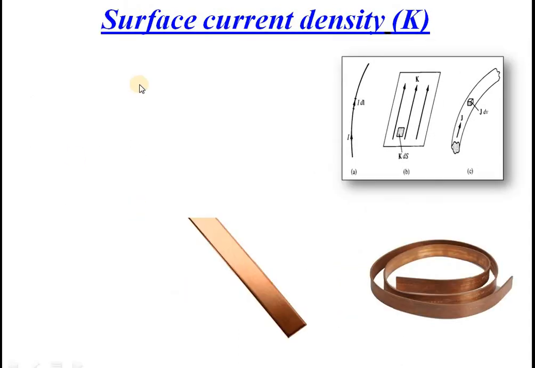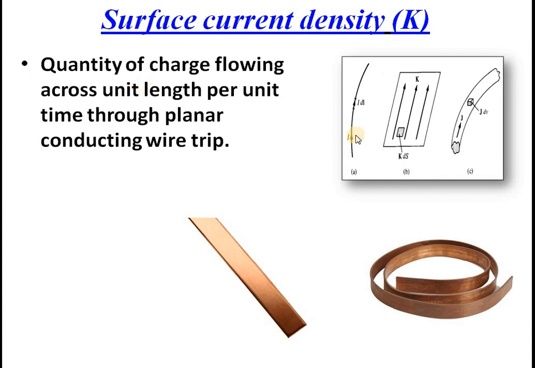And the second one is surface current density. For a surface current density, we take thin surfaces or a wire strip like this. For a wire strip, one dimension, its width, is very important. It is a long wire with a given width, and the quantity of charge flowing across unit length per unit time through a planar conducting wire strip is called surface current density.